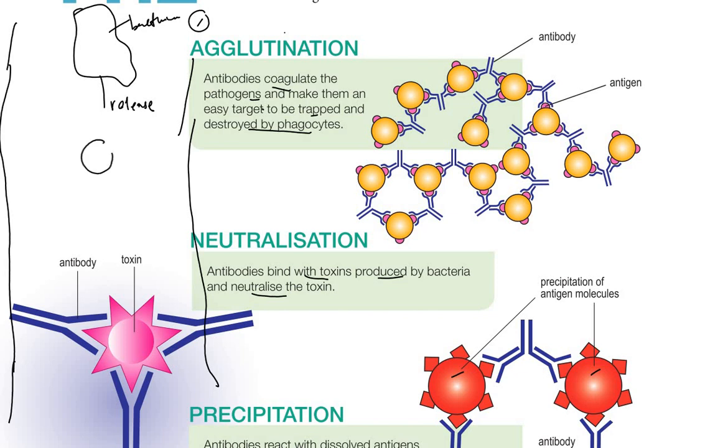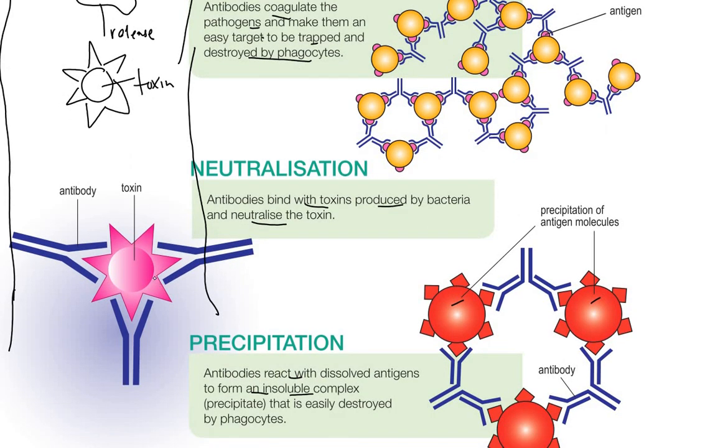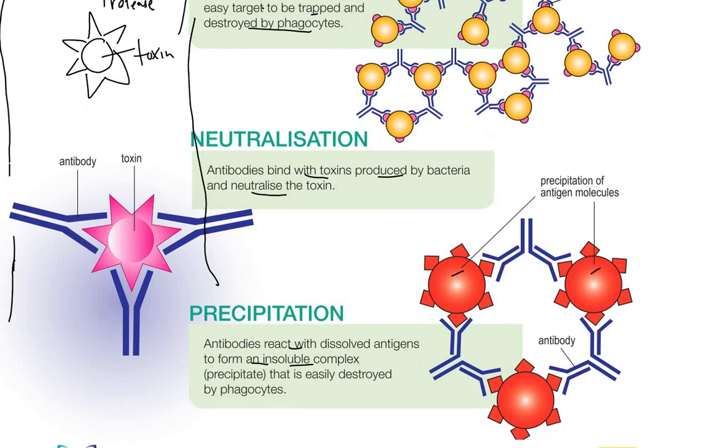It will release toxin like this. So this is the toxin produced by the bacterium. What happens? The antibody will go to this toxin, bind with the toxin and then neutralize it.